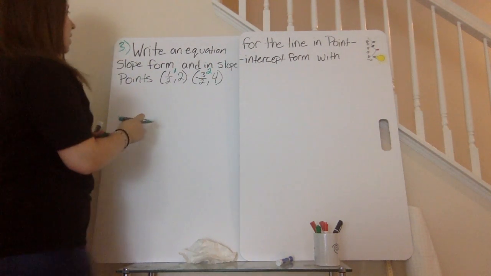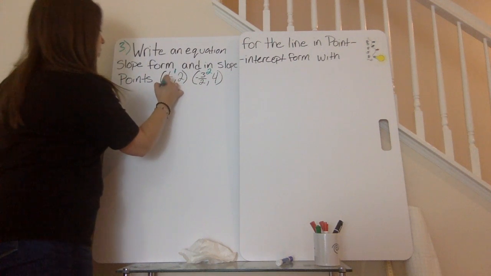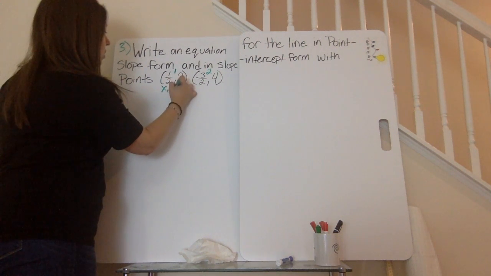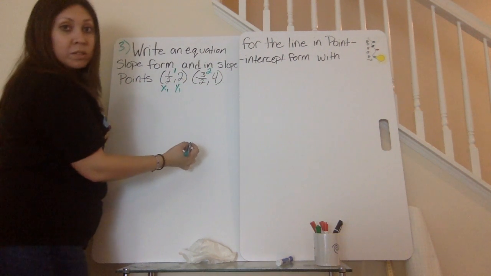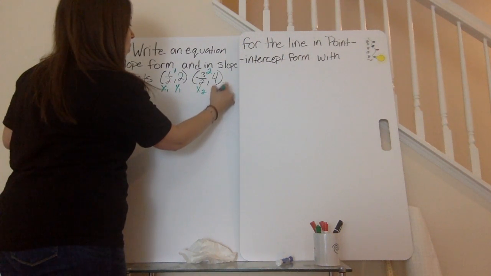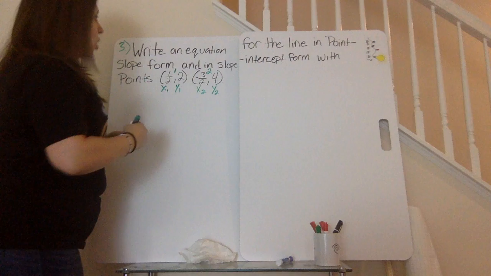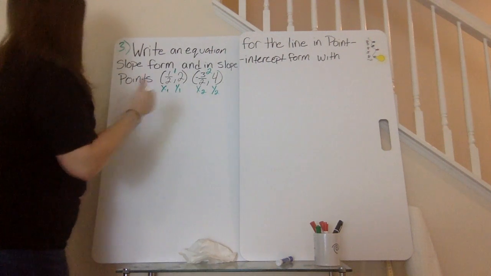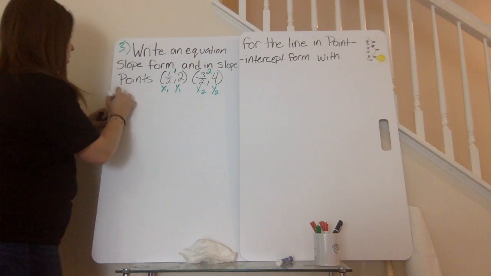You can kind of see that. So I'm going to have x1, y1, you can see that, and x2, y2. So step 1 is to find the slope.